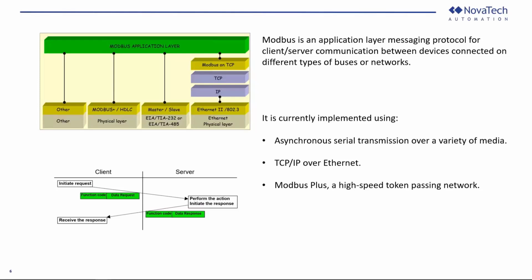The server accepts that, parses it, performs the action, and initiates a response, which is another PDU, and the client receives the response. There is an exception to that. If the server accepts the message but maybe doesn't support the function code, or there's something else wrong, there is another PDU called the exception response PDU, which would give you an exception function code and the exception code to let you know what failed.